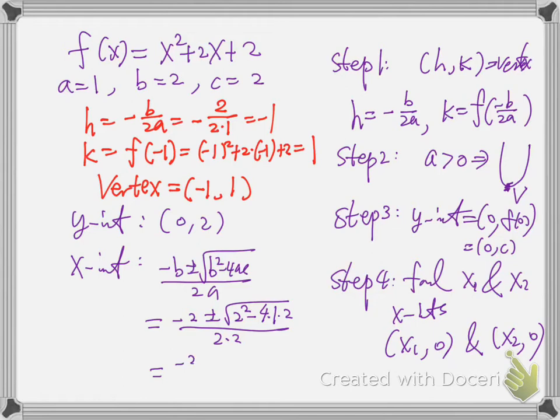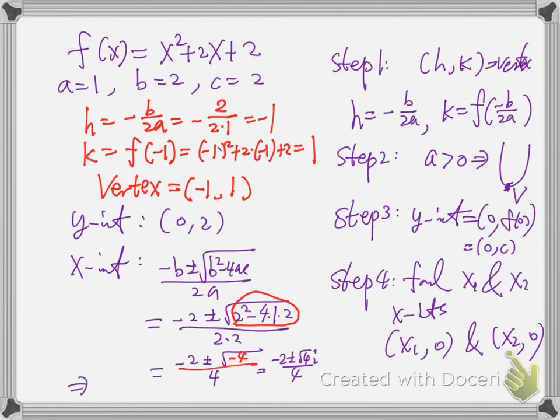Everything under the radical is 4 minus 8, which is negative 4, and the denominator is 4. The square root of negative 4 gives negative 2 plus or minus 2i, divided by 4.